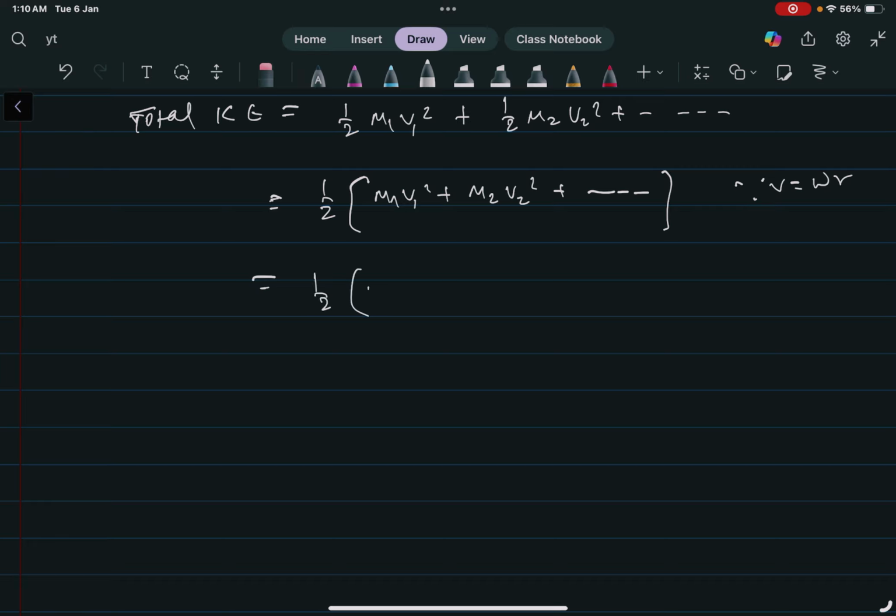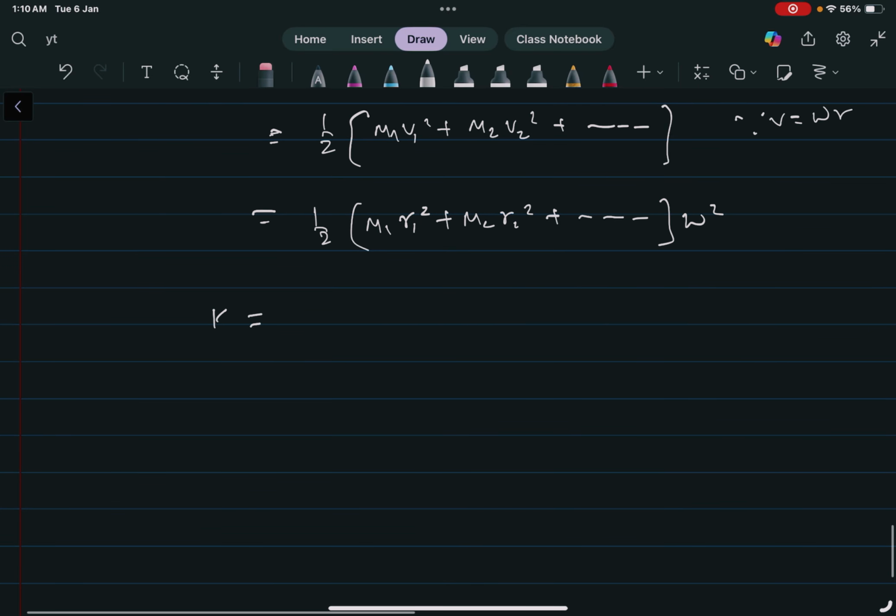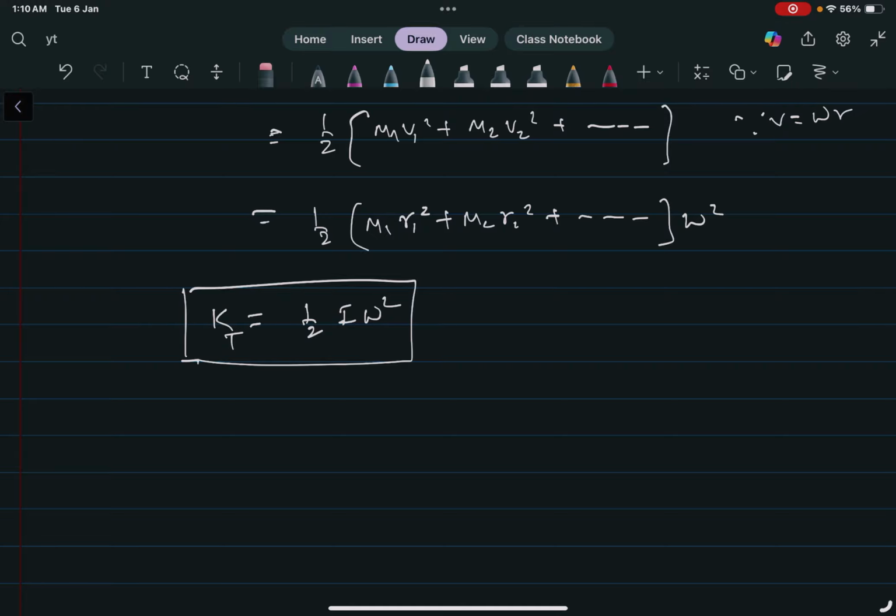So half into m1 r1 square plus m2 r2 square and so on, taking omega square common. So the total kinetic energy is equal to half I omega square. This is the formula, where I is the moment of inertia; kinetic energy becomes half I omega square.